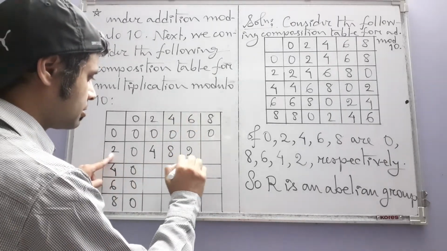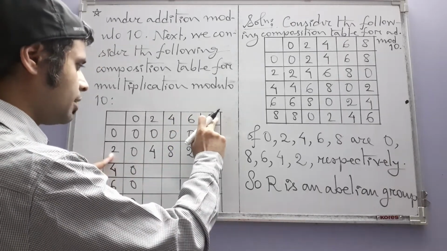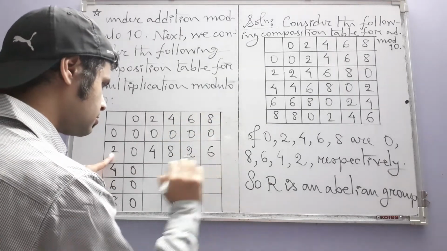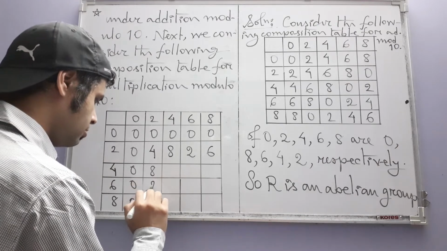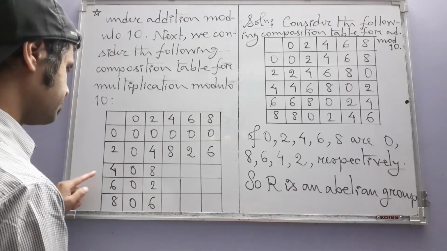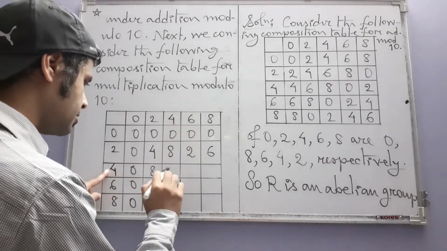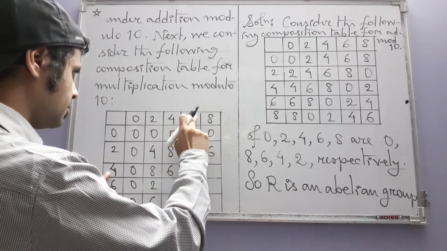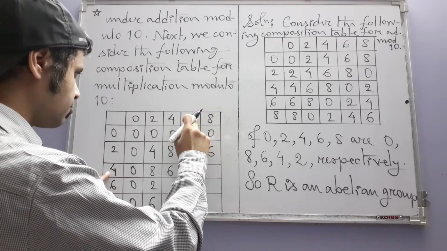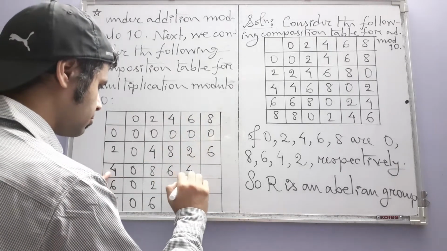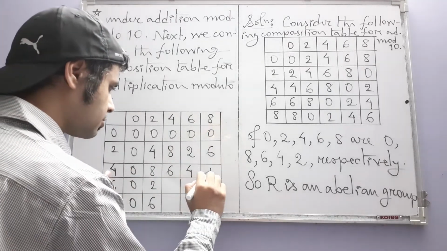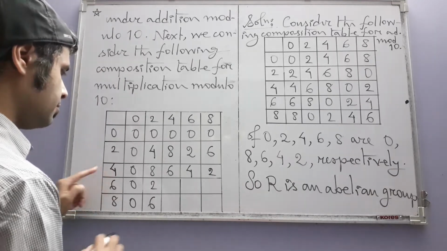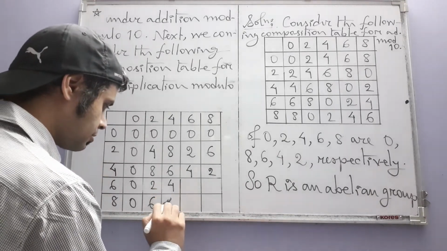So that means 2. 2 times 8 is 16. So that amounts to 6. So 8 to 6. 4 times 4 is 16. So 6. 4 times 6 is 24. That means 4. The last digit. This is 32. So 2. Then that means this is also 4, 2.